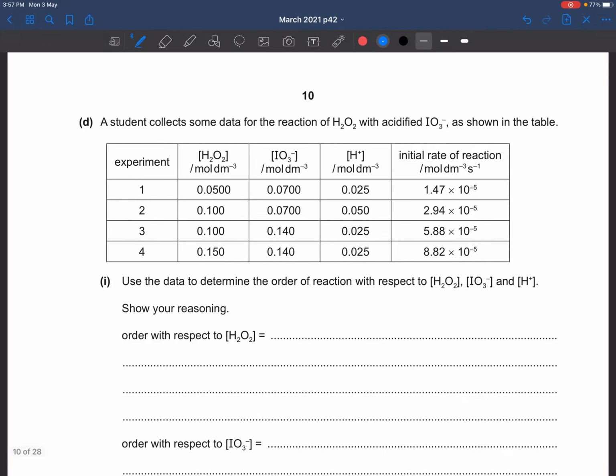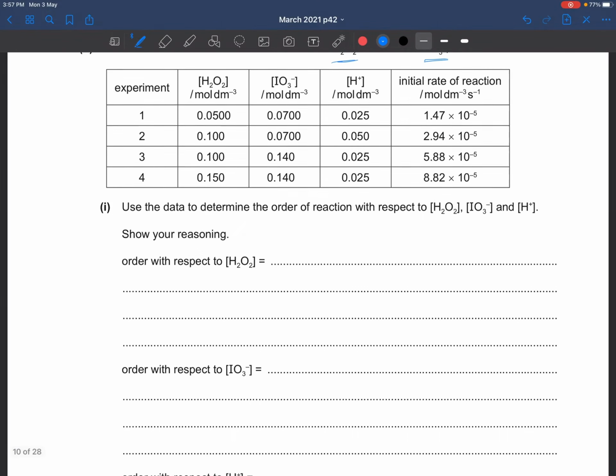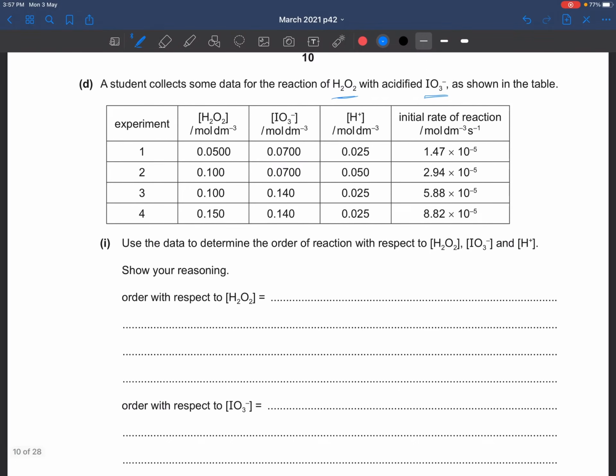Next is, a student collects some data for the reaction of H2O2 with acidified IO3 minus as shown in the table. Use the data to determine the order of reaction with respect to H2O2, IO3 minus and H plus. Show your reasoning. Order with respect to H2O2. So we have 3 reagents here.